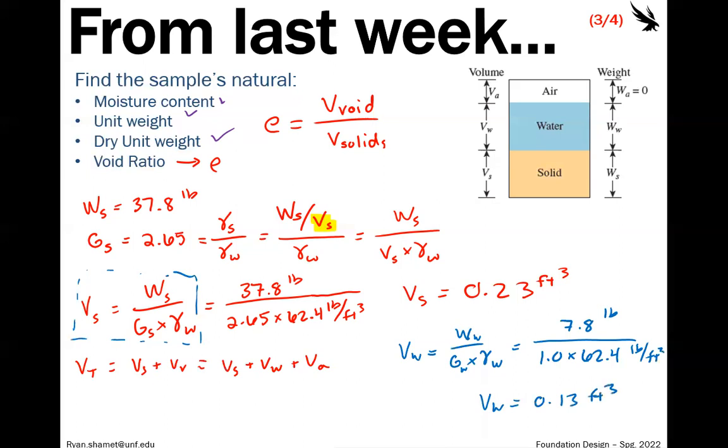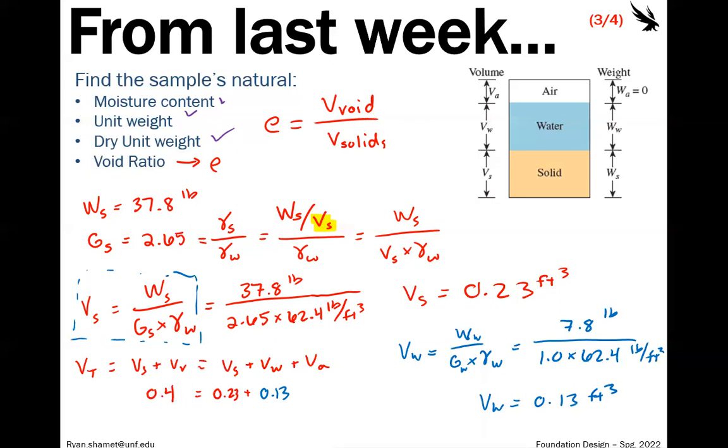So now we can start plugging everything in here that we need. We have the volume of water being 0.13, solids from before 0.23, and we know the total volume is 0.4 cubic feet. That's what we were told before.